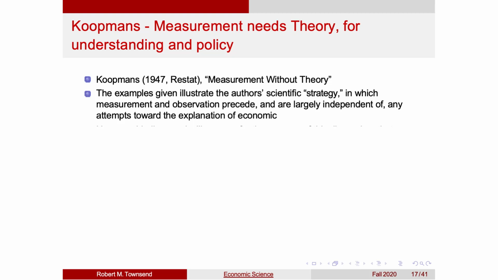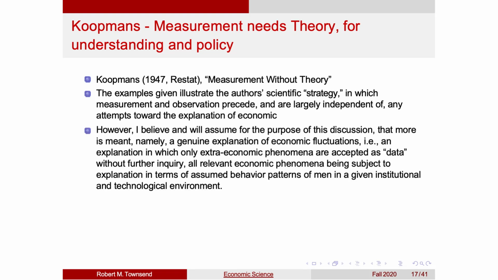But Koopmans believes there could be more of a purpose, that more is meant, namely a genuine explanation of economic fluctuations, with the idea that there are a few exogenous economic phenomena that are accepted as data without inquiry, but most of it has to do with phenomena being generated by assumed behavior of individuals and the interaction of the behavior in markets.